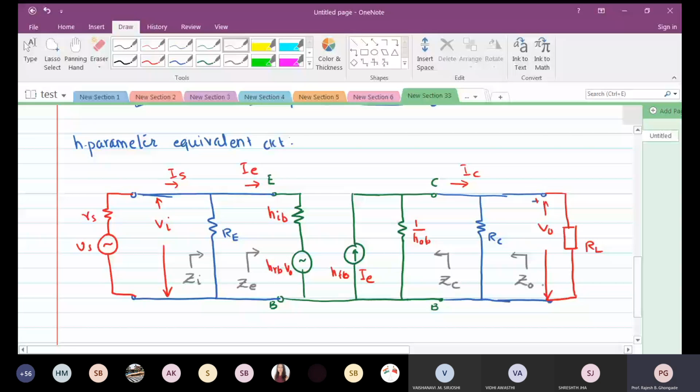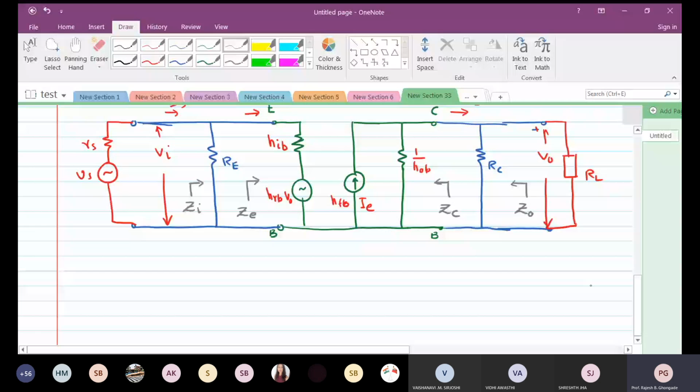Okay, so let us start with the input impedance.